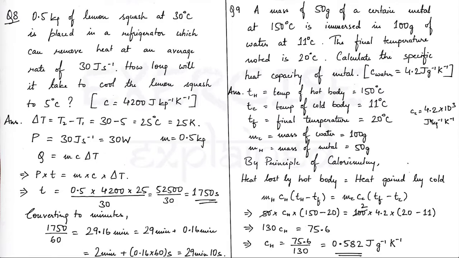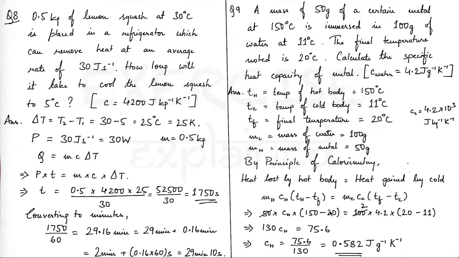I have converted it to joules per kg per Kelvin, but you need not do this. Into the final temperature, that happens to be 20, minus the temperature of cold body, that is 11.